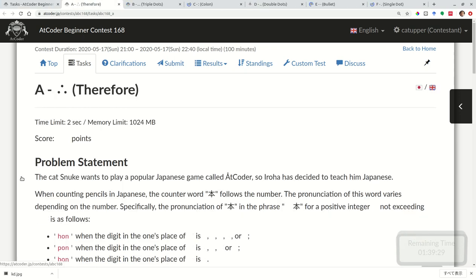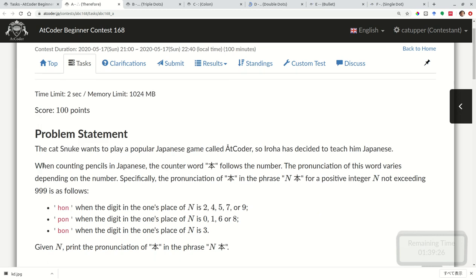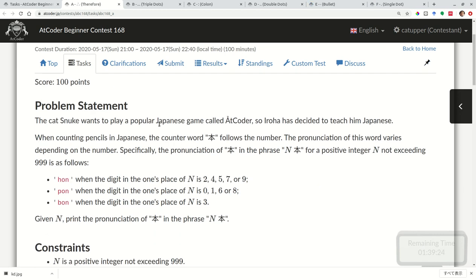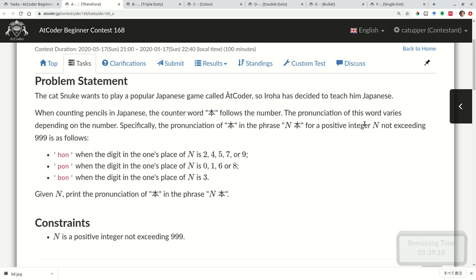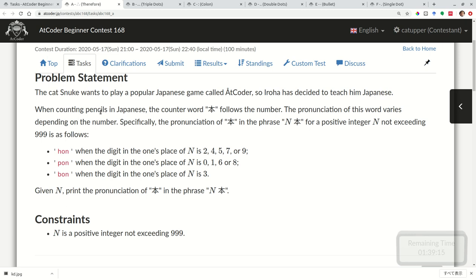Okay, so problem A. The cat Snuke wants to play a popular Japanese game called AtCoder, so Iroha has decided to teach him Japanese. When counting pencils in Japanese, the counter word hon follows the number. The pronunciation of this word varies depending on the number.